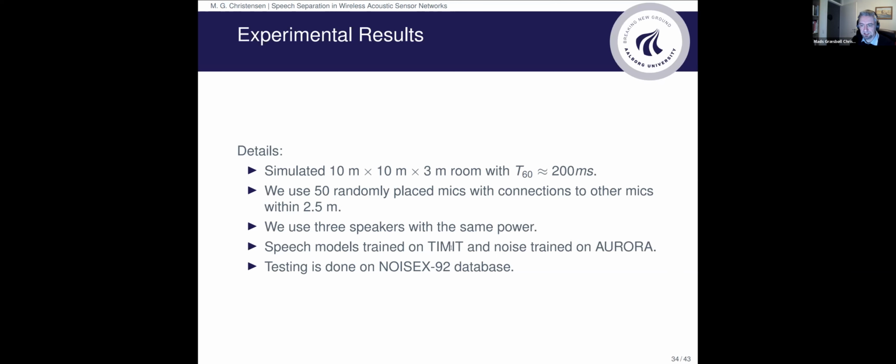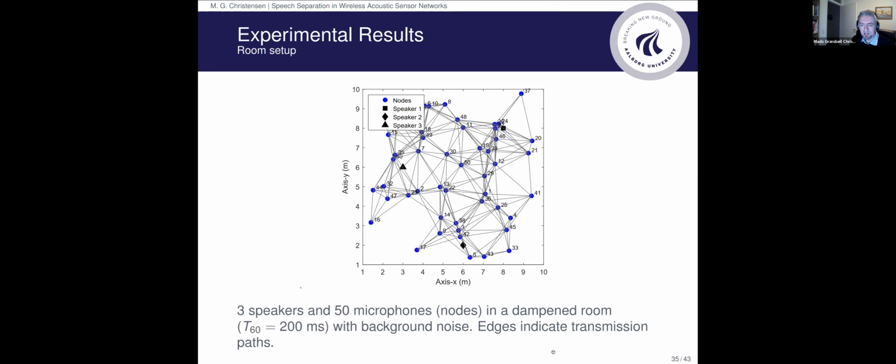Speech models are trained on TIMIT and noise is trained on Aurora, and testing is then done on a different noise set, namely NOISEX-92. Here's a picture of the room, the floor plane, and all the blue dots are the different microphones. We call them nodes in graph theory, of course.